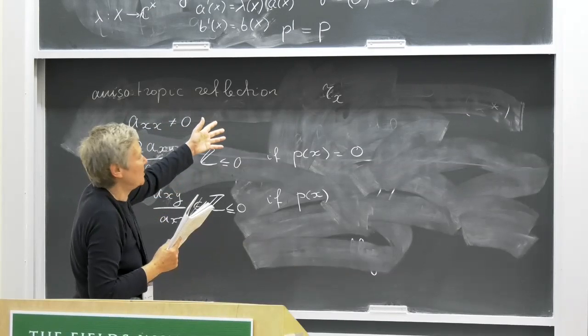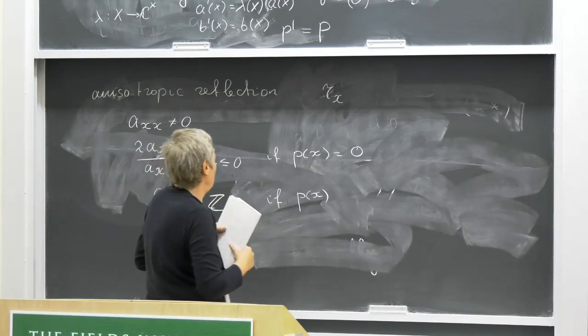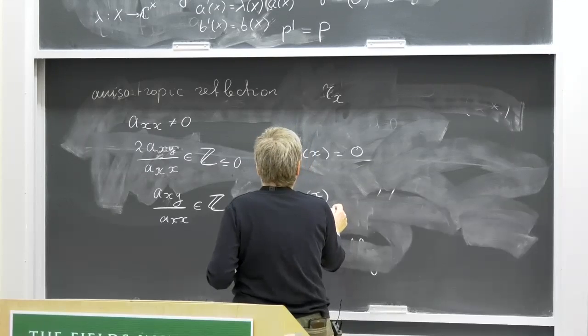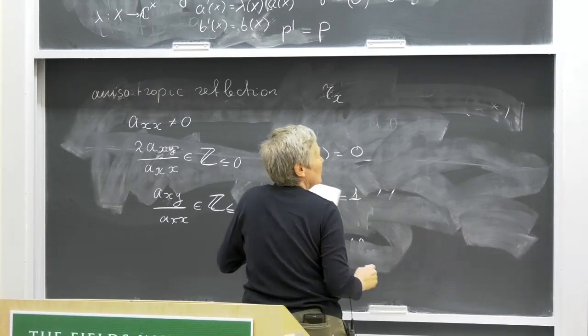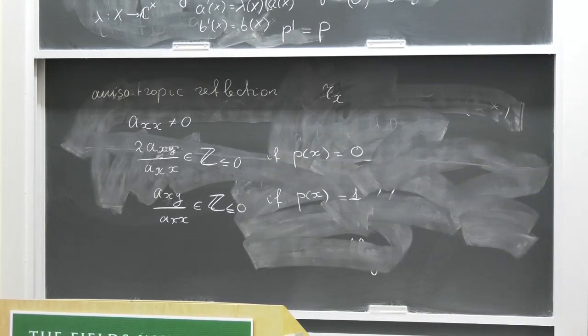We cannot make a reflection of all indices in this generality if P of X is 1. And then let me write down here.